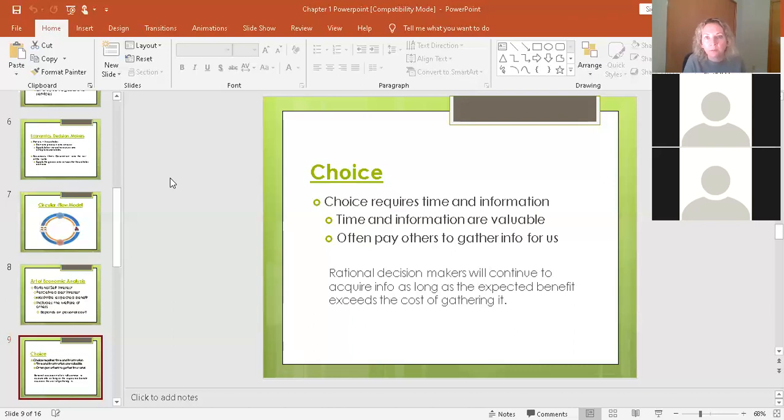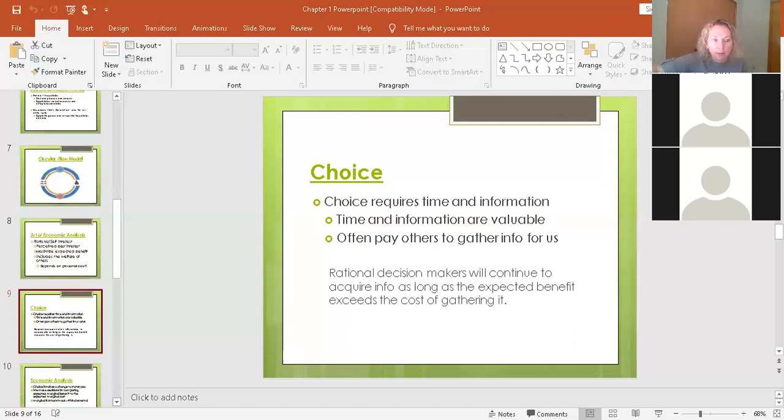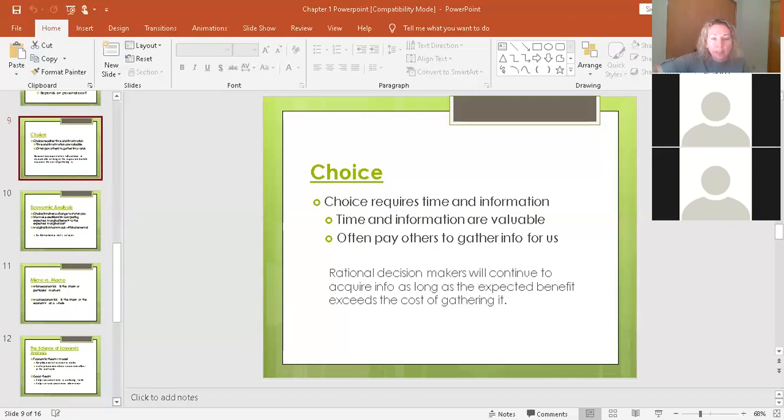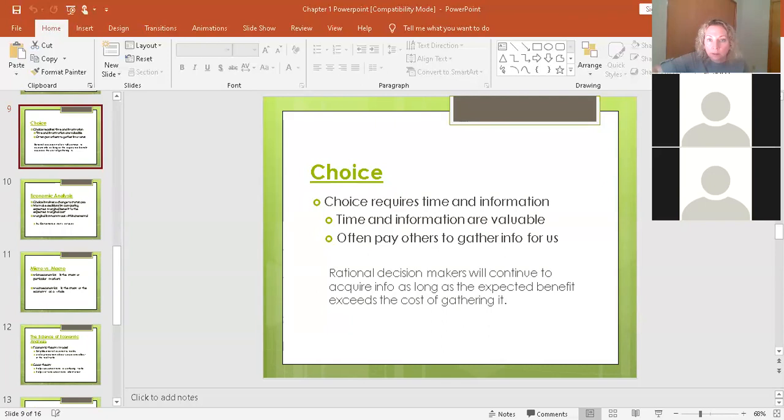You didn't have all the information about NAU, but you had enough, and your time is valuable, and so you stopped gathering information, right? So we have easy choices, we have hard choices, but just keeping in mind that choice does require time and information, and sometimes a lot of time and information.